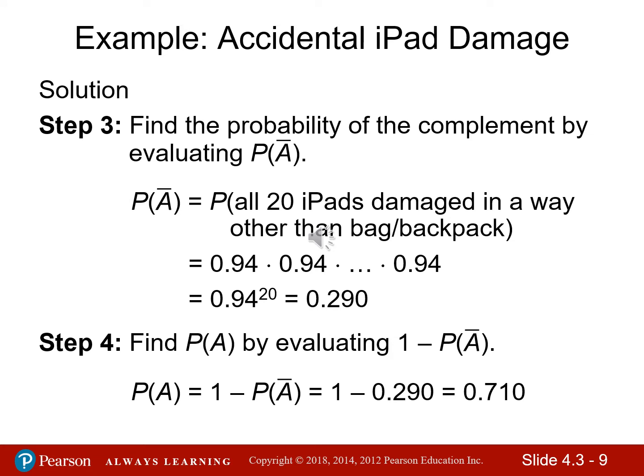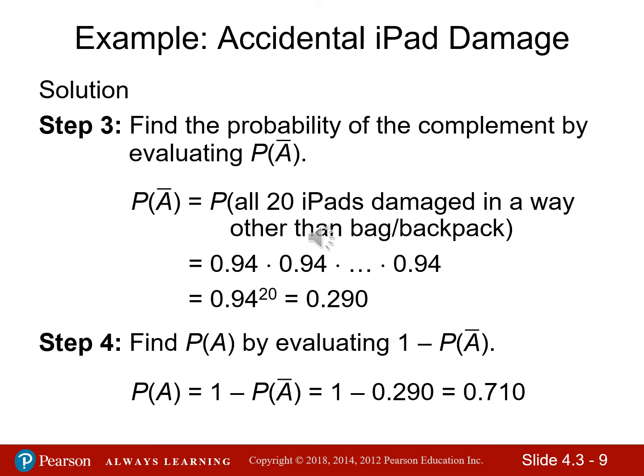So the probability of A bar is equal to 1 minus 0.06. So we can say our probability of getting all 20 iPads damaged in a way other than a bag or a backpack is equal to 0.94 to the power of 20, which is equal to 0.290.